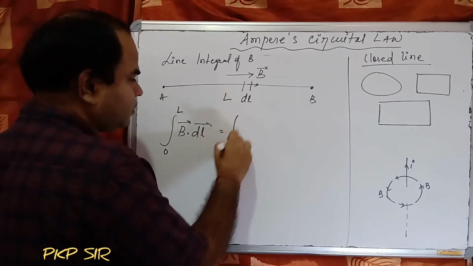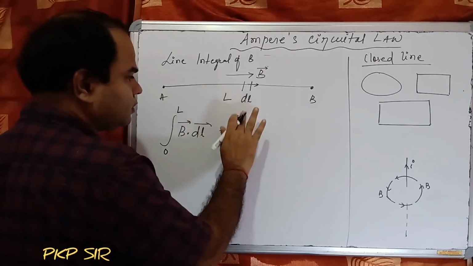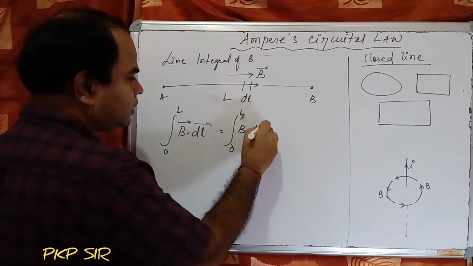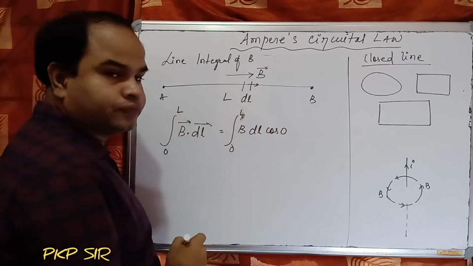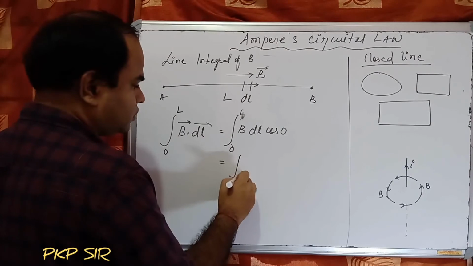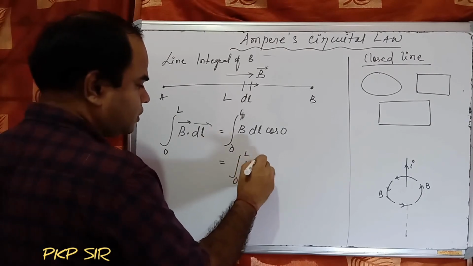The angle between B and dl is 0, so this is B dl cos 0. cos 0 is 1, so it is the integral from 0 to L of B dl.